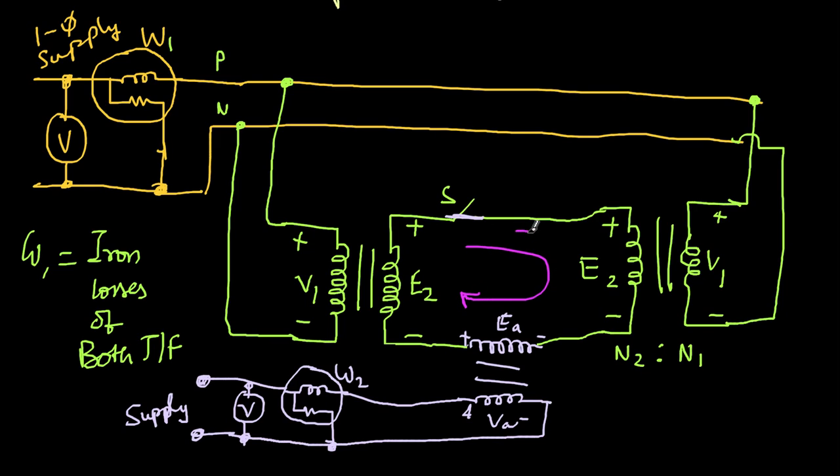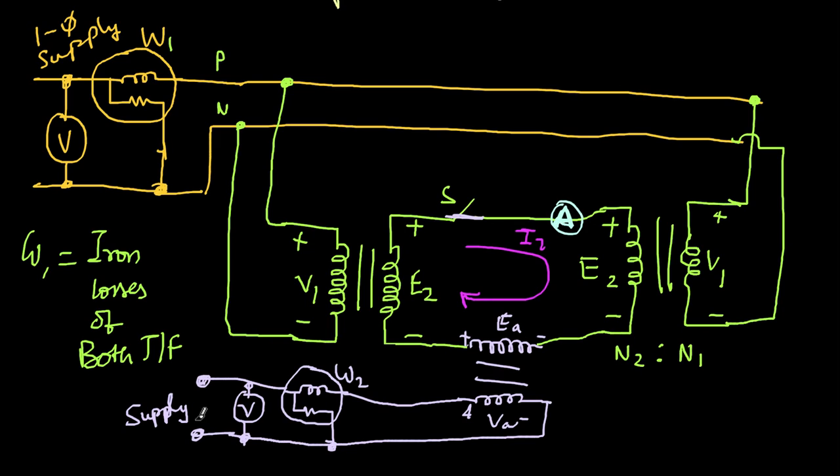So this current I2 is only because of this voltage. The other two voltages are cancelling out each other. These two voltages don't contribute to any current, but this EA voltage will contribute to this current. So I'll also introduce an ammeter here, which will measure the current.